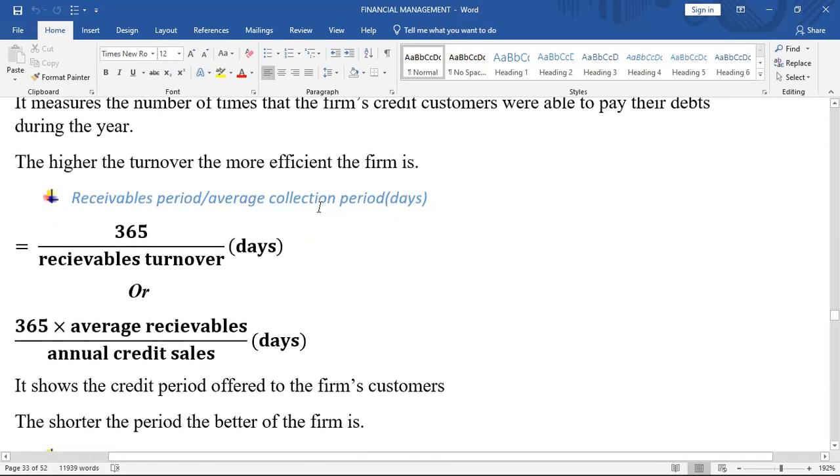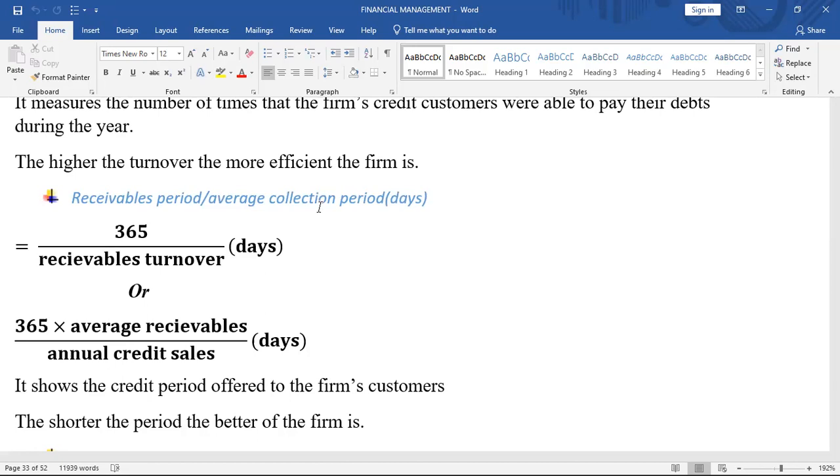The other one is the receivables period, or the average collection period, and these are the ways organizations try to come up with a formula for computing the credit period administered to customers.